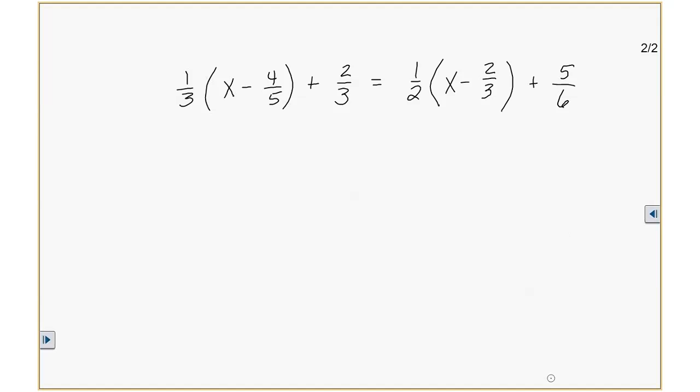Now, how many terms are you going to multiply by first? 1, 2, 3, 4. Good. So the common denominator of 3, 3, 2, and 6 is 6. So multiply by 6 over 1.